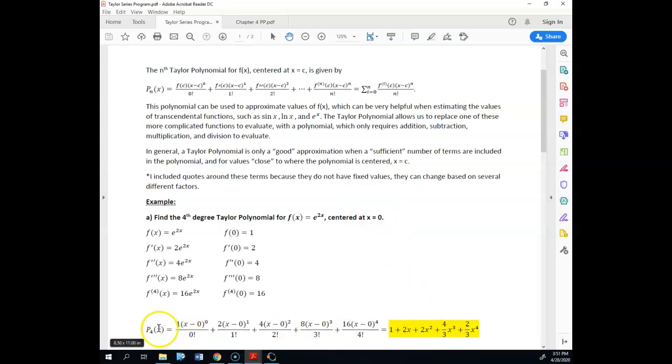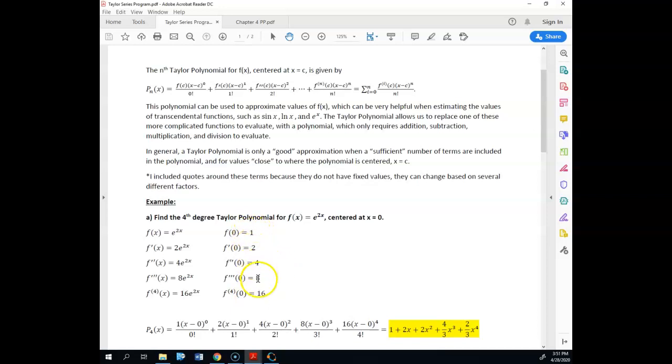So we aren't necessarily going to know at the start of the problem how many terms we want to include. Our goal instead is to recognize the pattern in these coefficients, f of 0, f prime of 0, f double prime of 0. If we can recognize that pattern, we could use the pattern in the code to extend out this polynomial to an infinite number of terms.